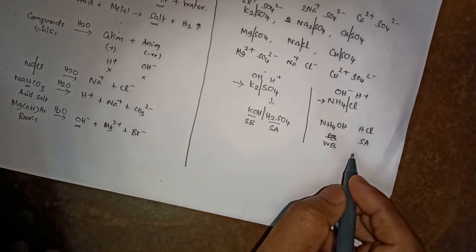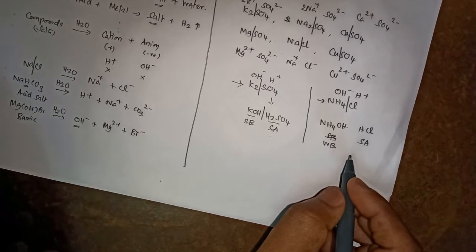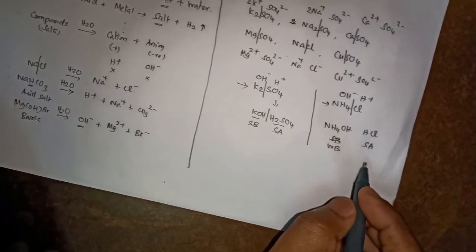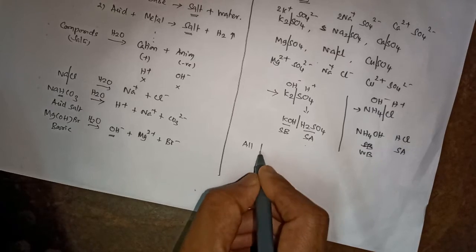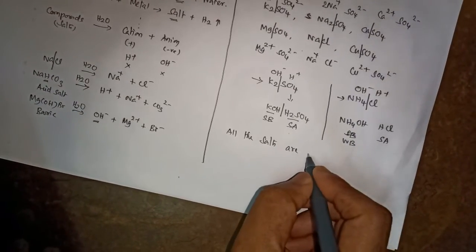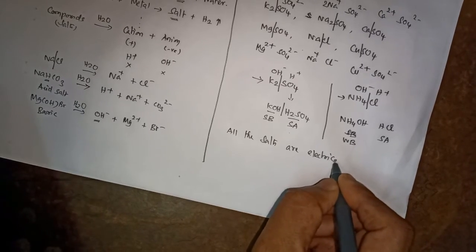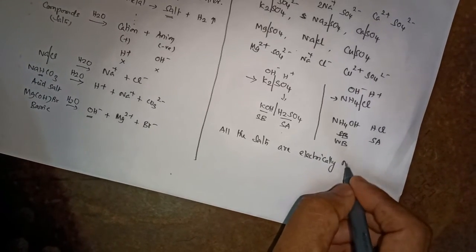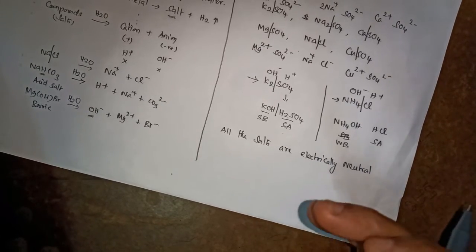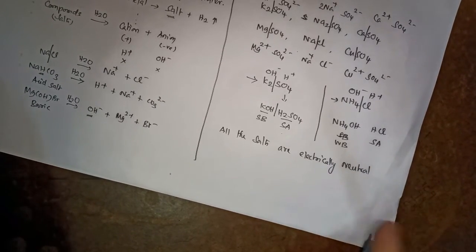If I want to know whether the given salt is acidic, basic or neutral, what we need to do? All the salts are electrically neutral. What does electrically neutral mean? They have an equal number of positive charges and negative charges.